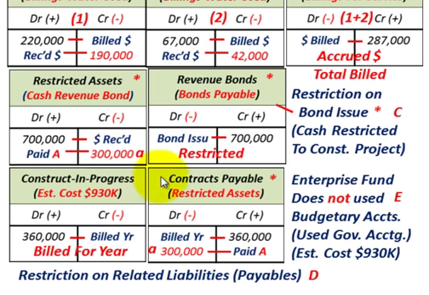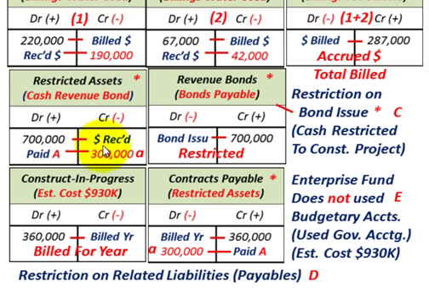When you're using this enterprise fund, you set up those restricted accounts, and any payables coming out of, like, this contract that we had set up, you cannot pay anything out of the payable. Well, you can pay it out, but it has to come from your restricted assets for the cash revenue, in this case, from those bonds.